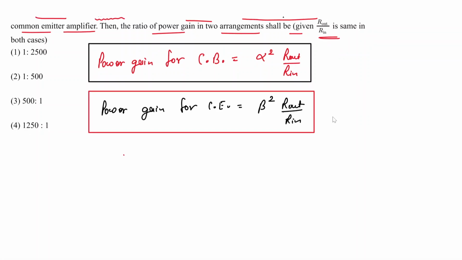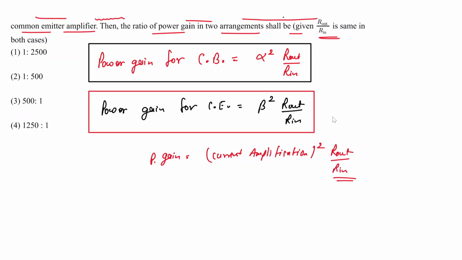So we can say that power gain is equal to current amplification square times R out upon R in. It is a general formula that we can use.